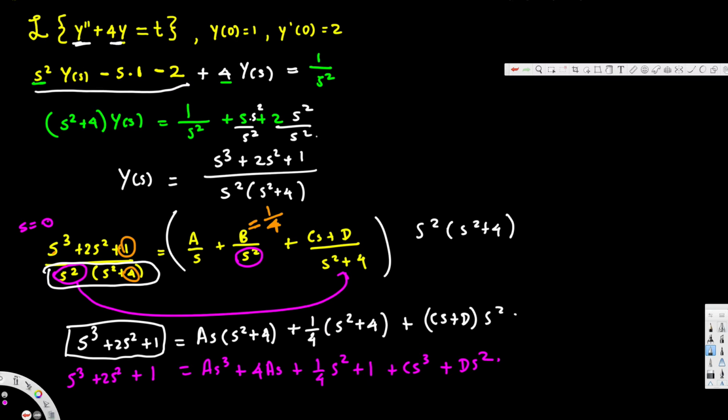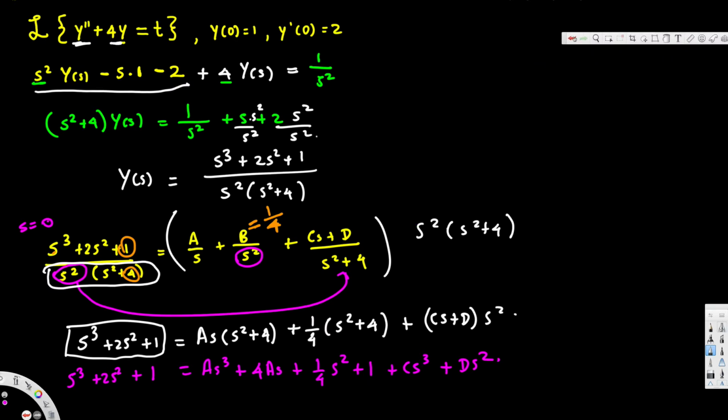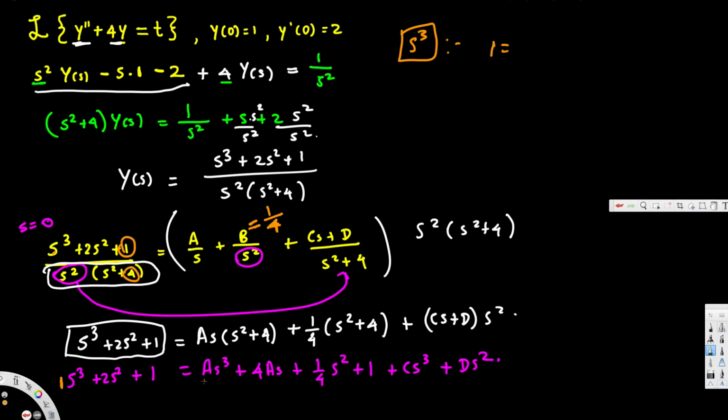Now if we look at s cube alone, s cube has coefficient 1, so let's write it here. Now we are comparing s cube coefficients. s cube has 1 in front of it, so 1 is equivalent to, on the other side, in front of s cube we have a right here, and also we have c right here, so a plus c.